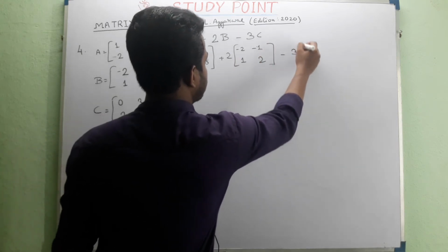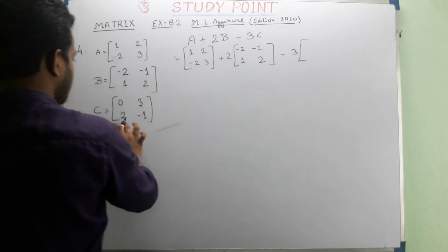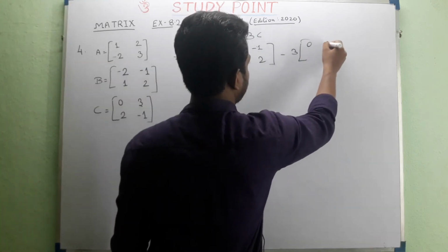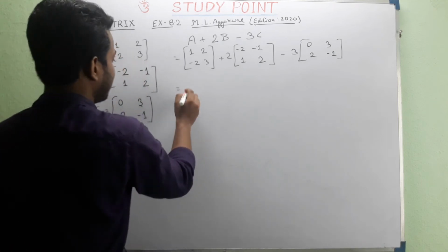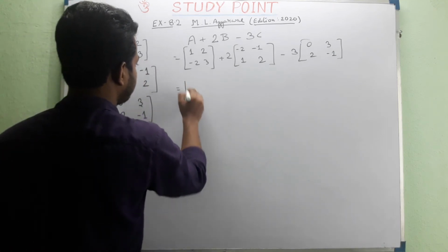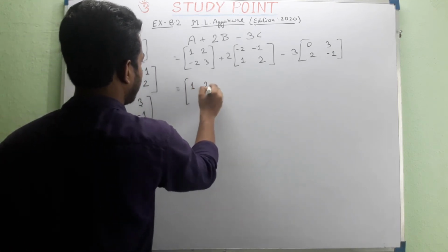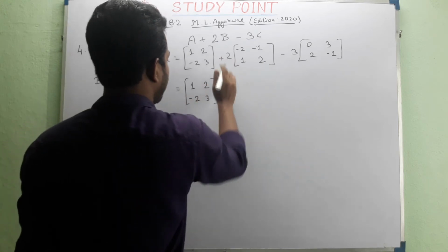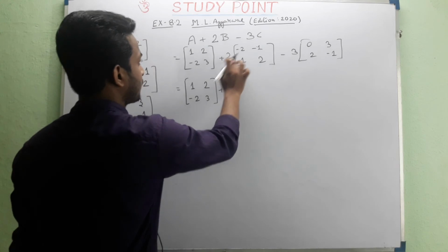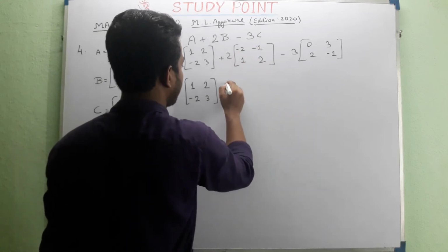Minus 3C. What is C? That is 0, 3, 2, minus 1. Just put 0, 3, 2, minus 1. Now in the next line, write the thing that is over here for A matrix and multiply this term with each and every element of the matrix.